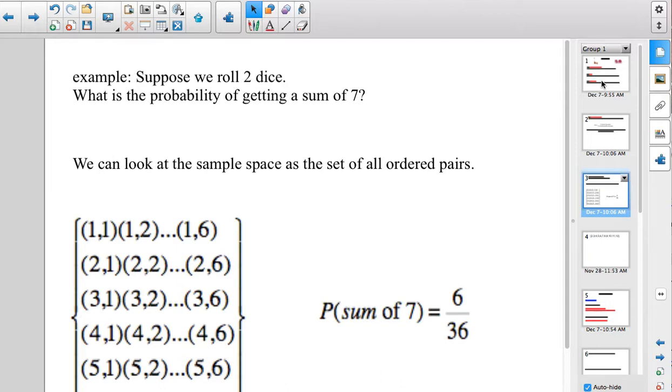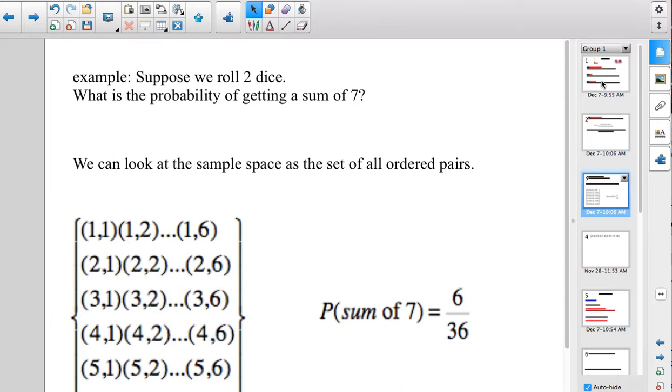Suppose we roll 2 dice. What is the probability of getting a sum of 7? Basically, what we're doing there is looking at all the possible ordered pairs that are in the sample space and counting how many of them would give us a sum of 7.